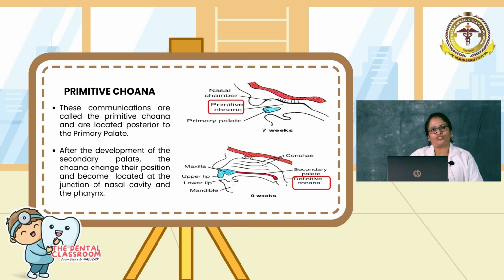The final position is called the definitive choana, and that is what we see in adults. If it fails to canalize, it leads to choanal atresia, which can cause breathing difficulty in newborns. This is the importance.